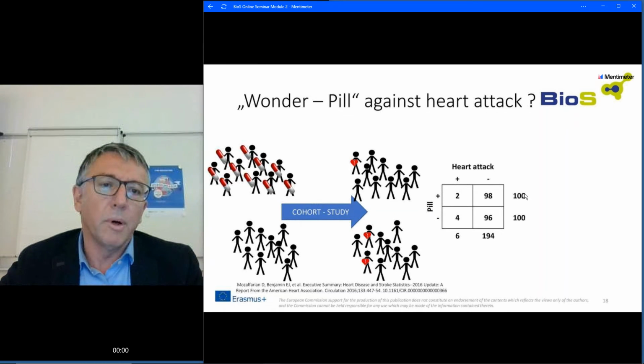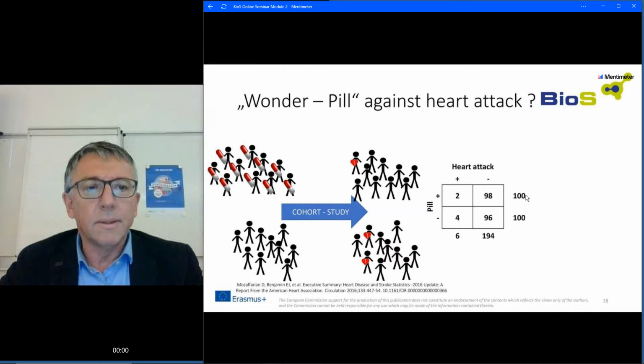So we have 100 people who obtained the pill and 100 people who did not obtain the pill. From those who obtained the pill, 2 developed a heart attack, and of the 100 people who did not obtain the pill, 4 developed a heart attack. So out of our 200 people, 6 actually developed a heart attack.